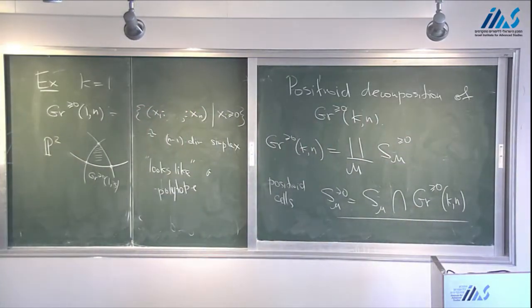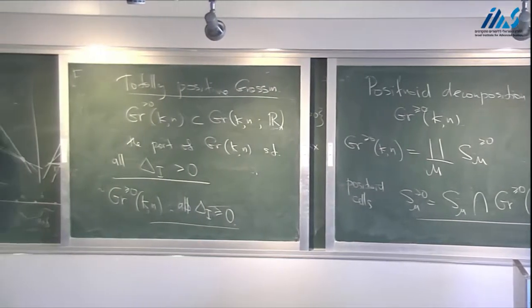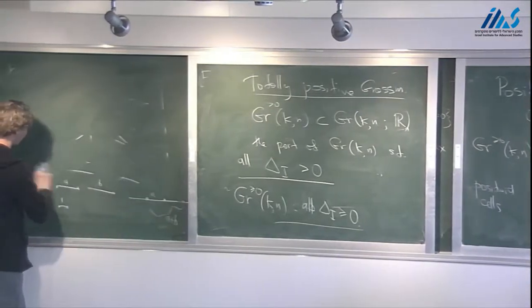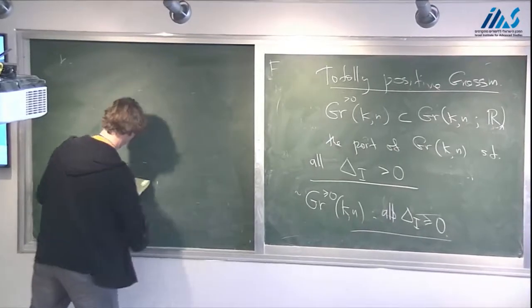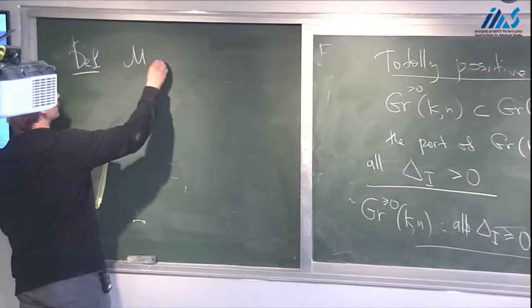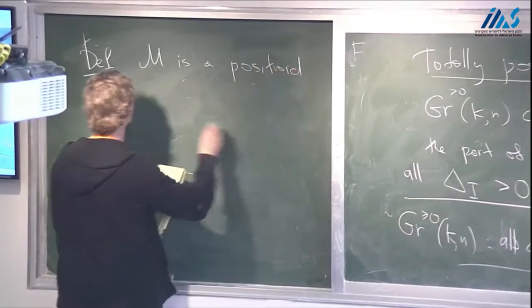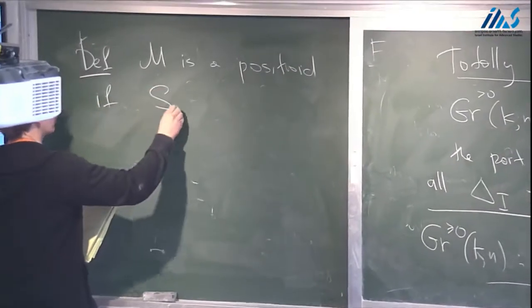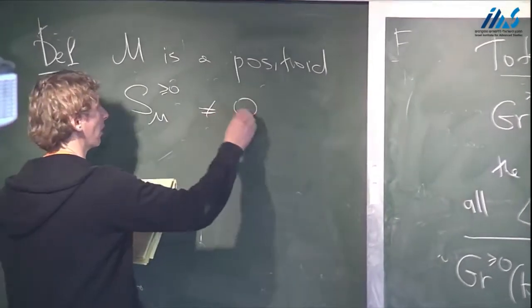Definition: a matroid M is called a positroid if the corresponding cell is not equal to the empty set.